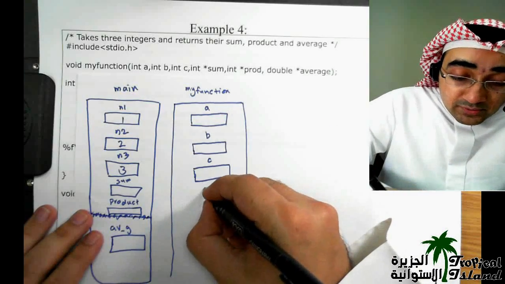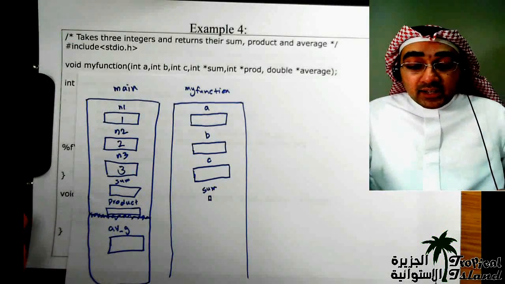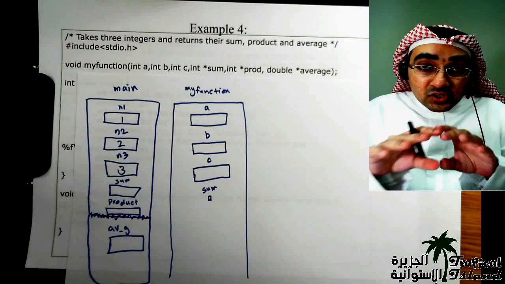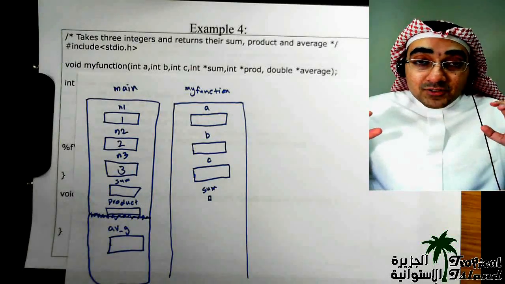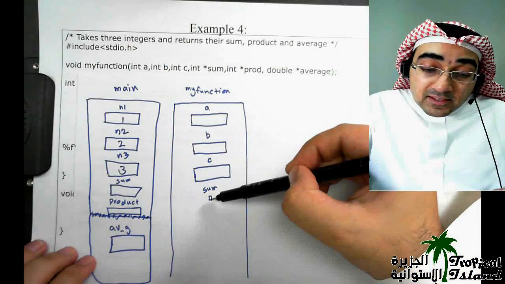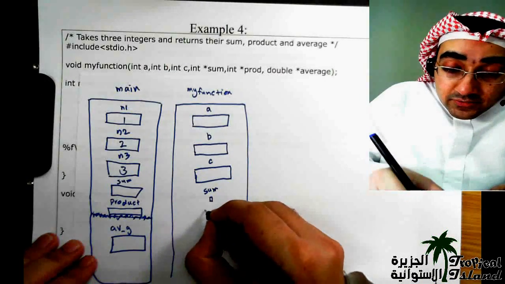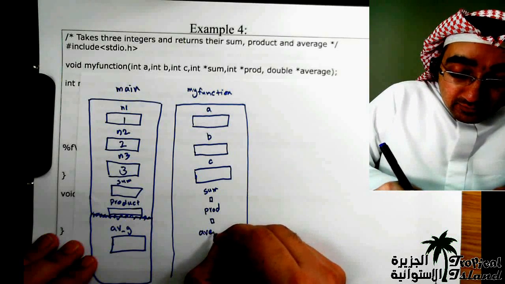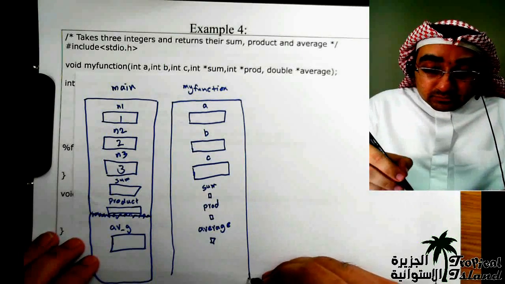When it's a pointer variable, I usually write the name and then make it something very small to indicate that this thing cannot contain a value. Although it's a variable, and as we did in the big notation, you have to draw the big box with a memory address and everything, in this notation I make it small so that it indicates to me it's a pointer variable. Whenever I look at something like this, I know it's a normal variable. Whenever I look at something like this, I know it's a pointer variable. So I have sum, then prod is another, then we have average, it's another pointer variable.